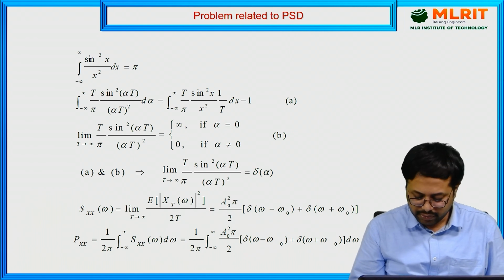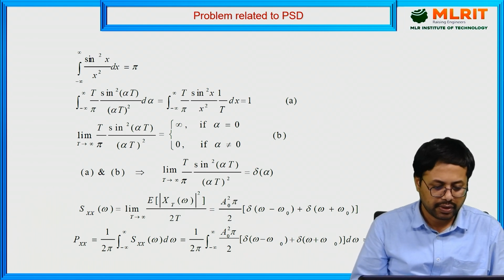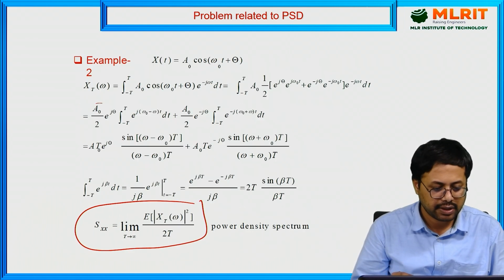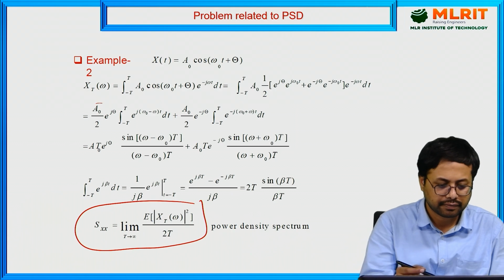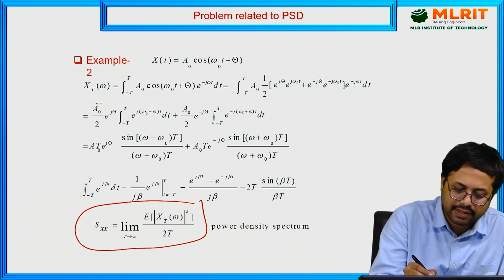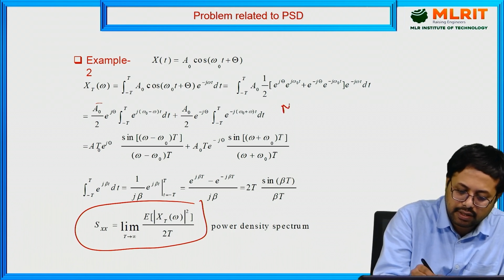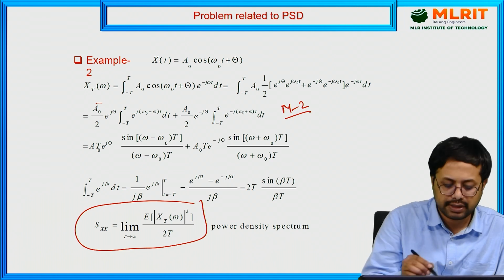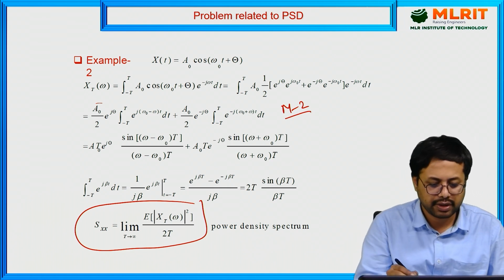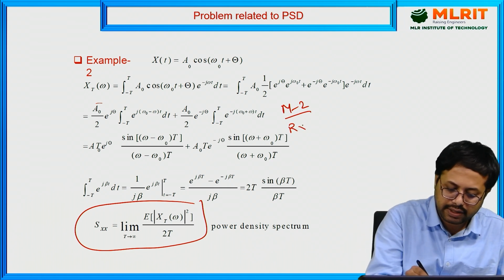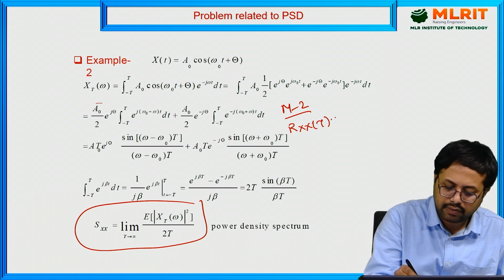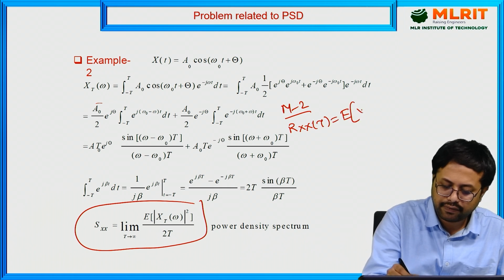Here you can observe the formula. For the second type of formula, first you have to apply the autocorrelation function. For that, it is the expectation of x of t times x of t plus tau.